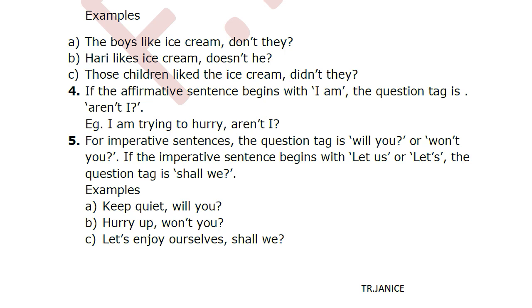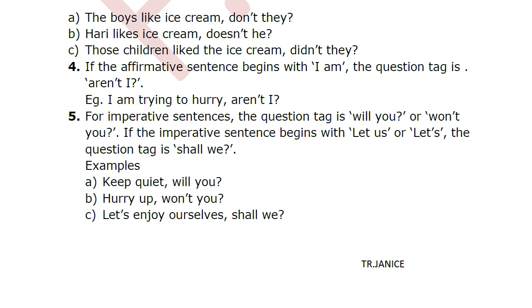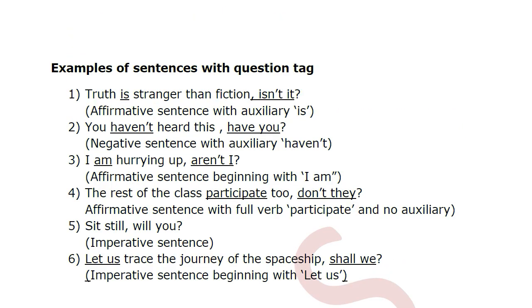There's nothing else. It will be will you or won't you. If the imperative sentence begins with let's or let us, then there's no doubt in your mind. The answer will be shall we. Example, keep quiet, will you? Hurry up, won't you? Let's enjoy ourselves, shall we?